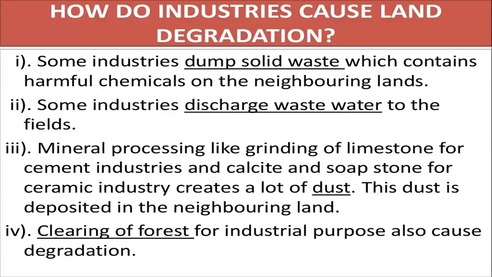How do industries cause land degradation? Some industries dump solid waste, which contains harmful chemicals on the neighboring land. Some industries discharge waste water to the fields. Mineral processing, like grinding of limestones for cement industries and calcite and soapstone for ceramic industries, also creates a lot of dust.